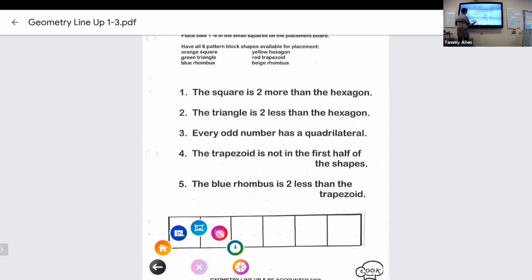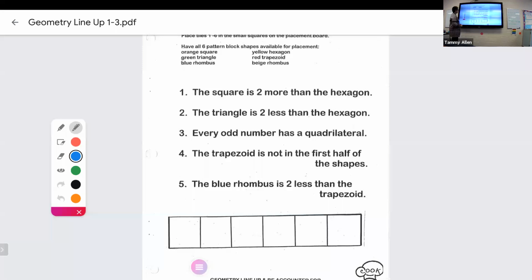So we take a look at our clues. The square is 2 more than the hexagon.